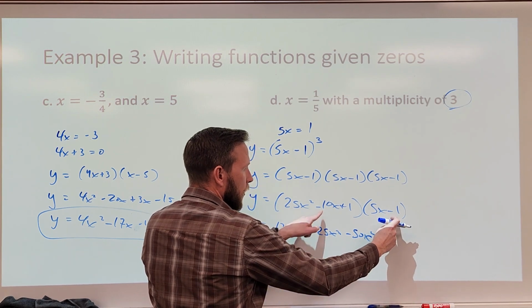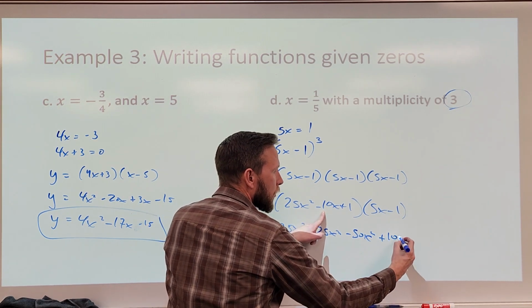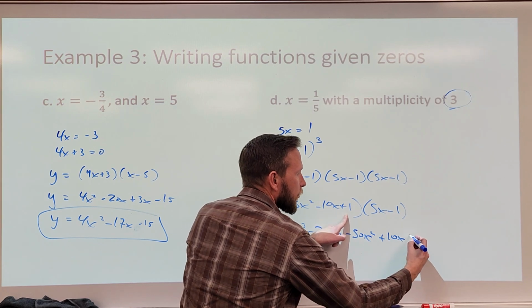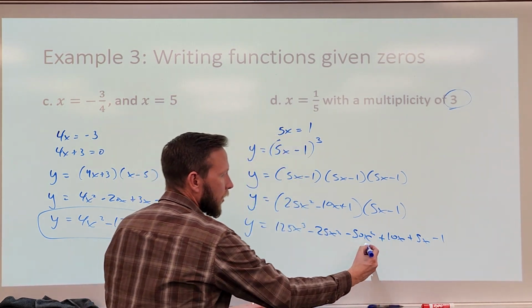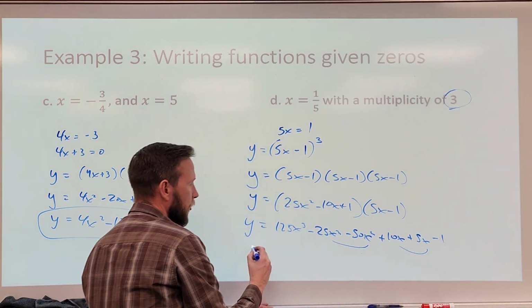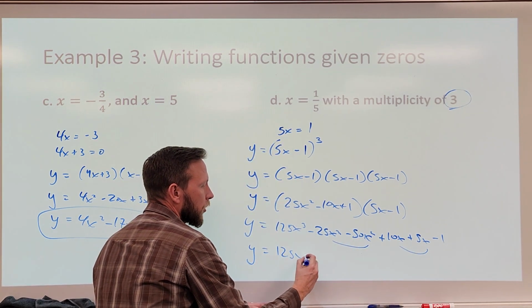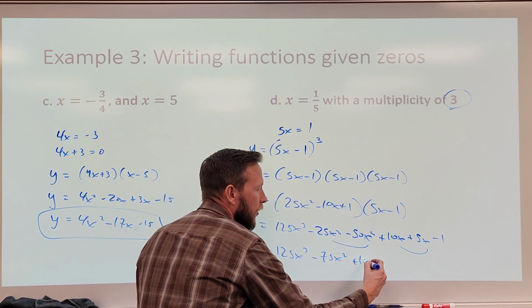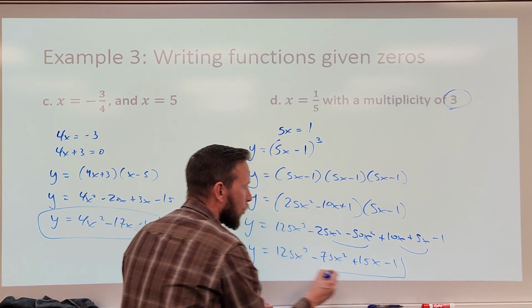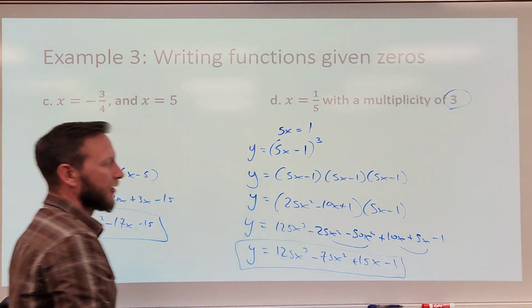And then I'm going to multiply by negative 1. Multiply by 5x. Multiply by negative 1. Combine my like terms, my squares and my linears. Y is equal to 125x cubed minus 75x squared plus 15x minus 1. Let me know if I made any mistakes in there.